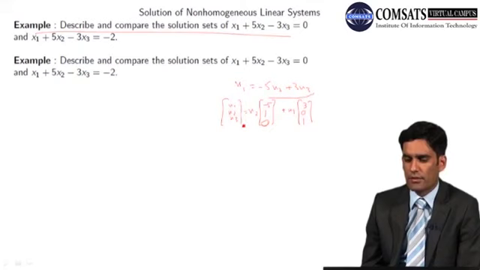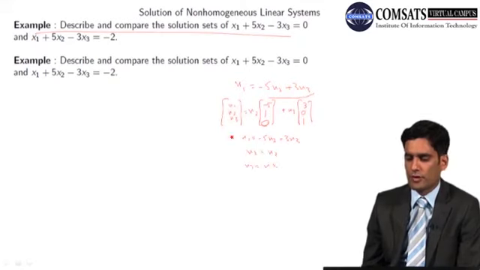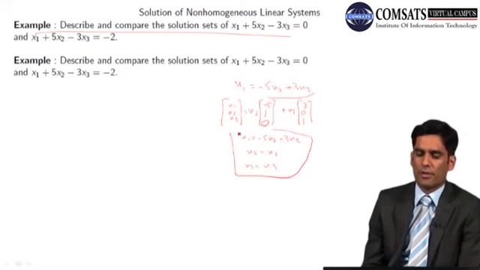If you solve this vector equation, you will have exactly this solution. In fact, you will have x1 equals -5x2 plus 3x3, x2 equals x2, and x3 equals x3, which is the solution of the homogeneous equation, this equation.